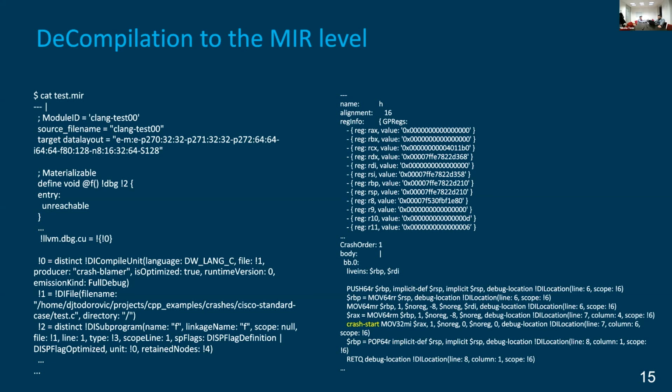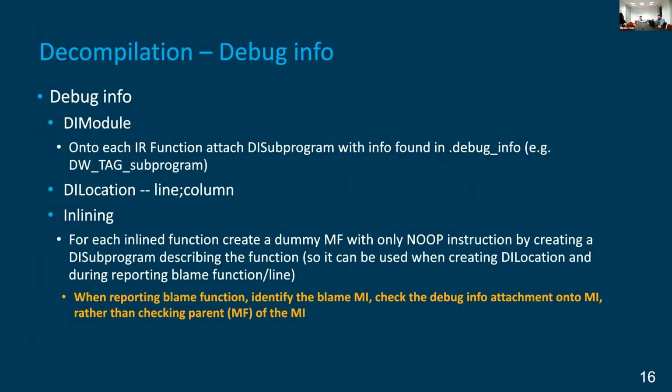Also, I just want to mention someone may find machine IR like this useful for some other analysis as well. As I mentioned, we read debug info sections and map some of them into machine IR. We are using debug info attached to instructions when reporting the blame function. During analysis, we identify the instruction that is responsible for introducing the crash.